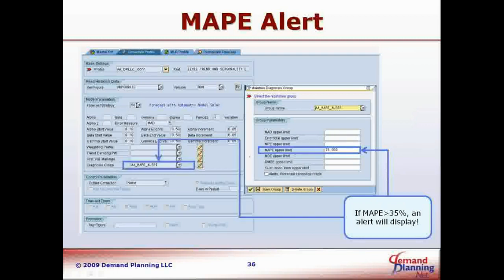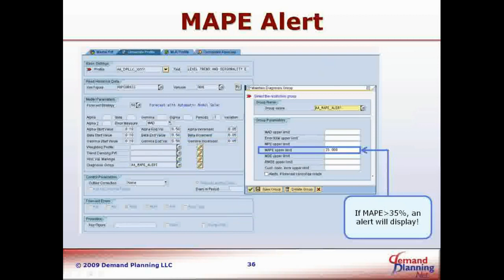So basically, the way you develop it, you may have seen a screen something like this, the blue screen, in the profile screen. You create an alert group, and the alert group says, this is the diagnosis group that I am creating, and that is where I am defining a low bias alert, right? And the alert is defined as, a MAPE threshold of 35% is set, right?